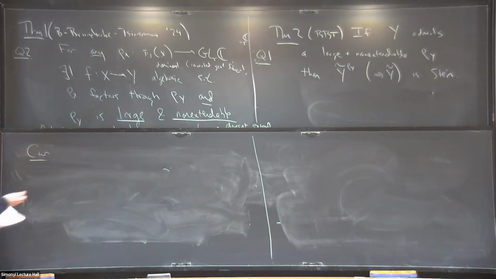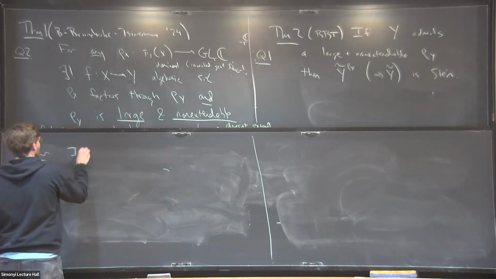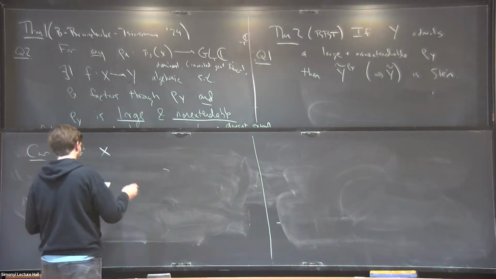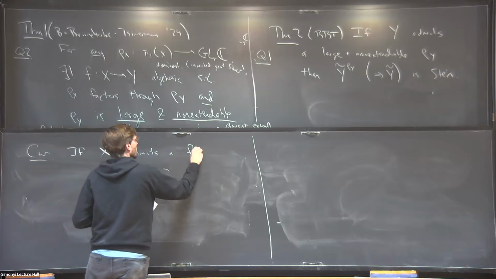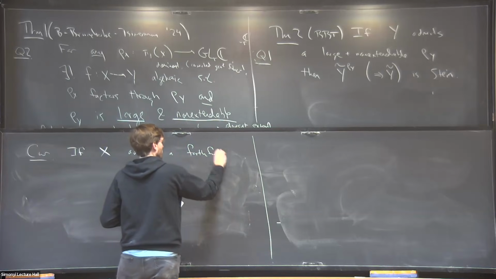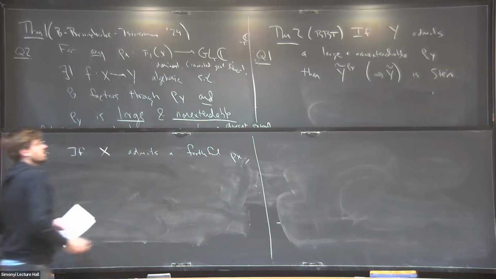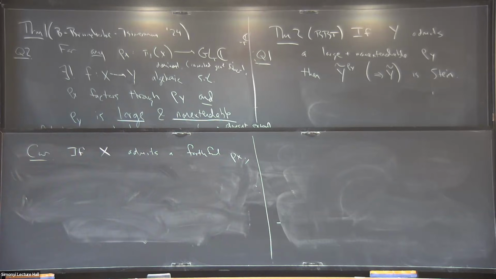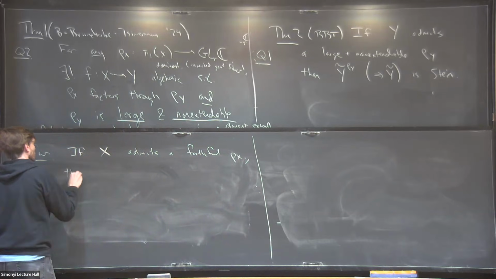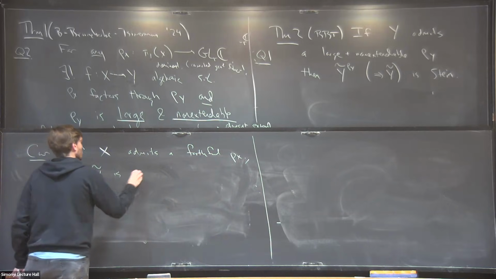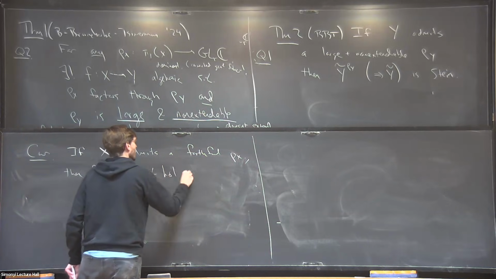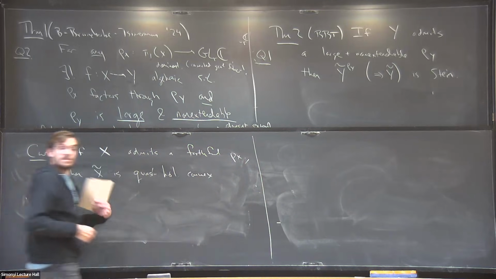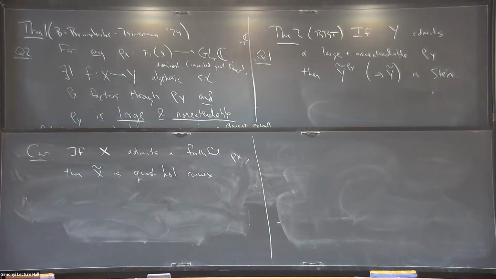The statement is that if X is a normal algebraic variety which admits a faithful representation of its fundamental group, then the universal cover is what you might call quasi-holomorphically convex. Quasi-holomorphically convex, by which I just mean it's a Zariski open inside of a holomorphically convex thing.